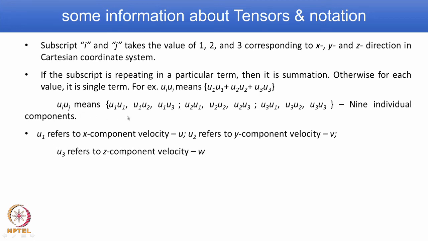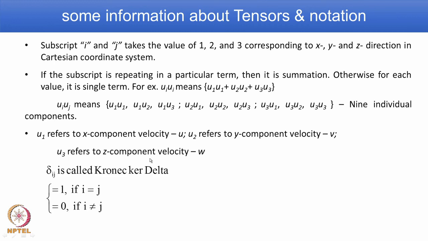Now, what is the meaning of u1, u2, u3? We usually write x velocity as u, y velocity as v, and z velocity as w. Instead of writing that way, we can also write u1 refers to the x component, u2 refers to the y component and u3 refers to the z component of velocity.